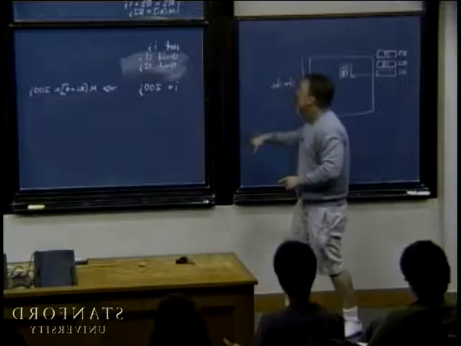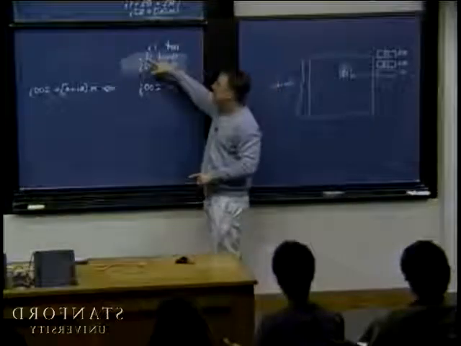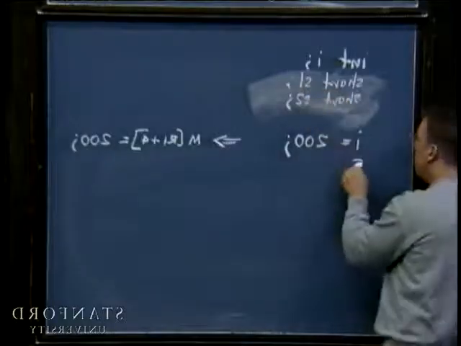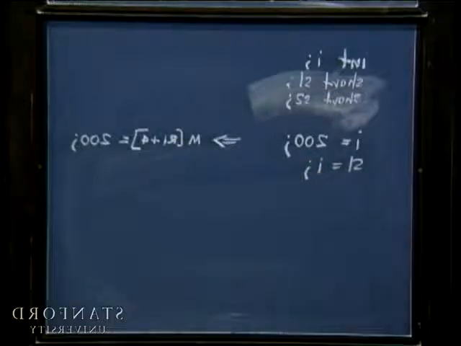Okay. This line has to somehow update S1, let's actually write it, to be equal to, logically, 200. But it's only supposed to update 2 bytes of memory. Does that make sense?